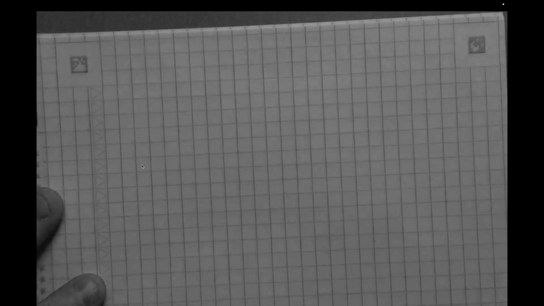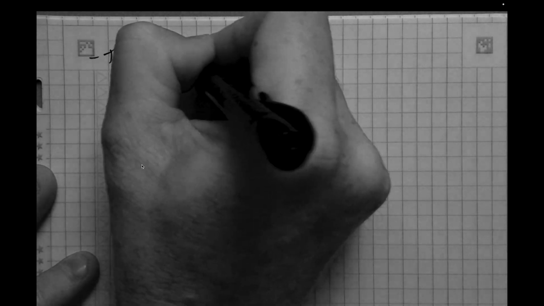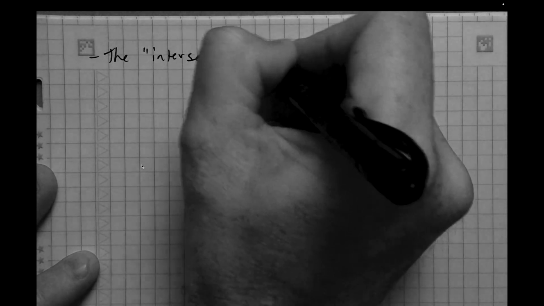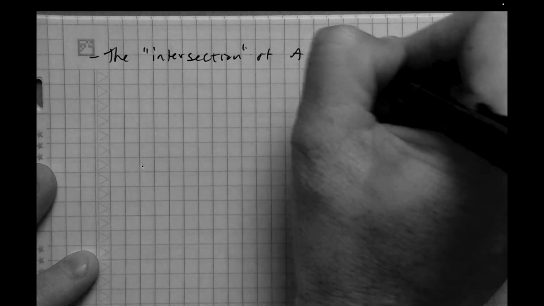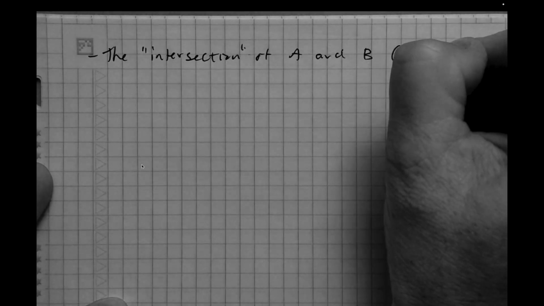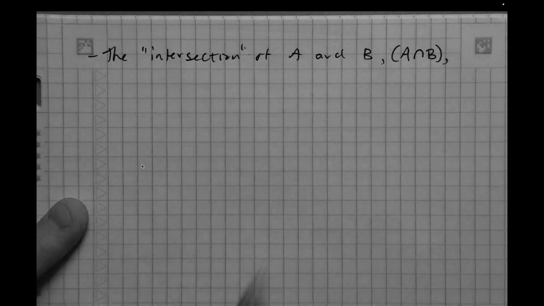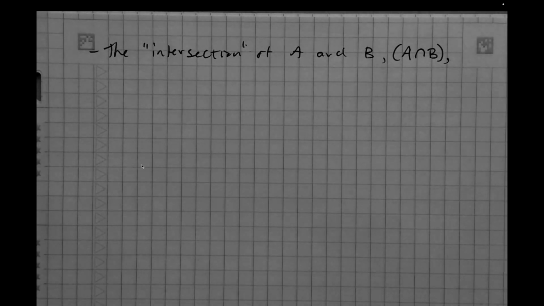Now recall the other one is what's called the intersection. The intersection of A and B, and the notation for intersection is similar. It's A and B. So instead of a cup, we have more like a cap here.